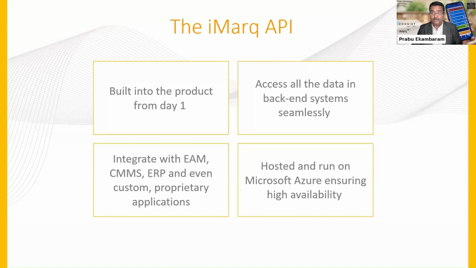And I don't want to name any customers here, but we have examples of all these scenarios: working with customers where we create an adapter for them, or working with a layer that is already available, or the customer working with our API layer that is out of the box. And like I mentioned earlier, it is hosted and run out of Microsoft Azure.